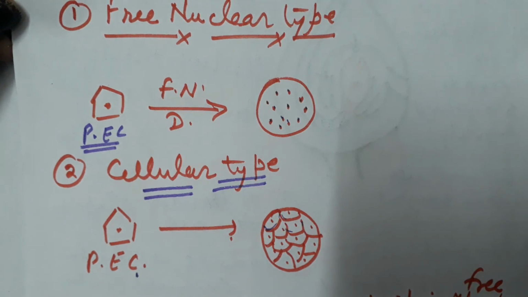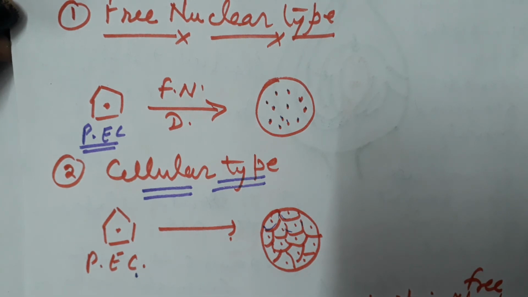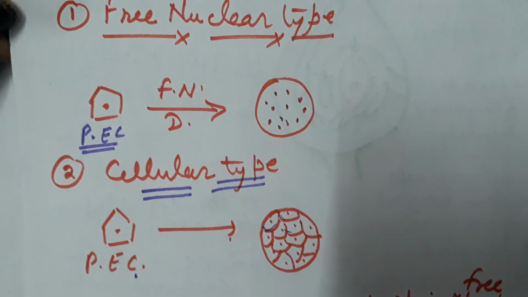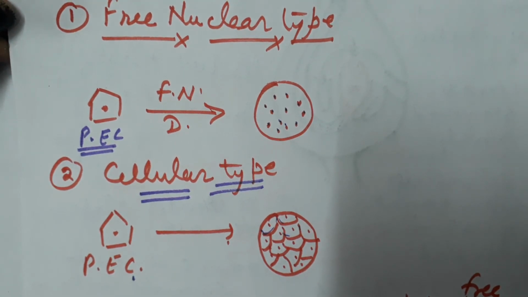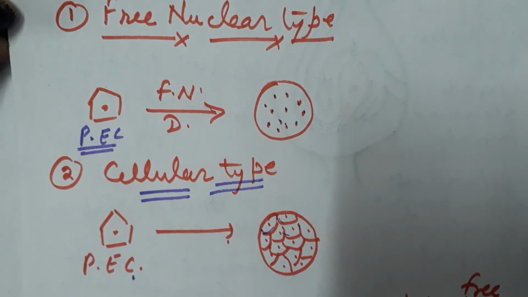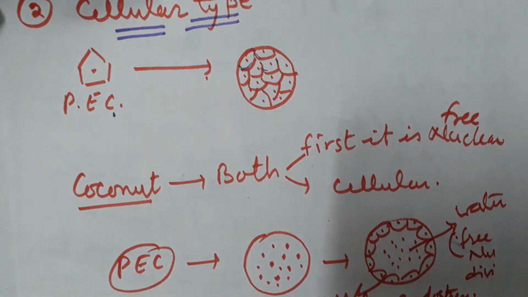At the periphery, the white kernel of coconut, which is the edible portion, is the result of cellular type of development of endosperm. The white edible portion in coconut is cellular endosperm, which is formed due to the cellular type of endosperm development. So in coconut we observe both types, free nuclear type and cellular type. What happens in the case of coconut?